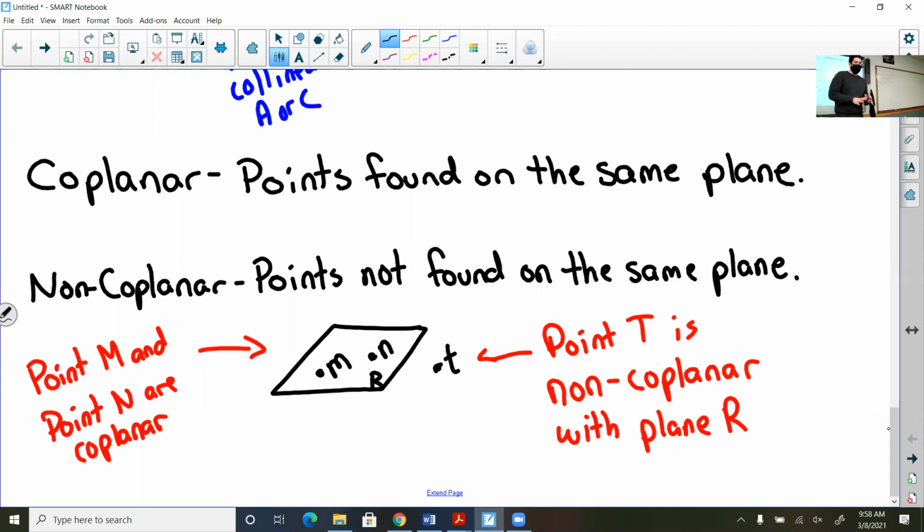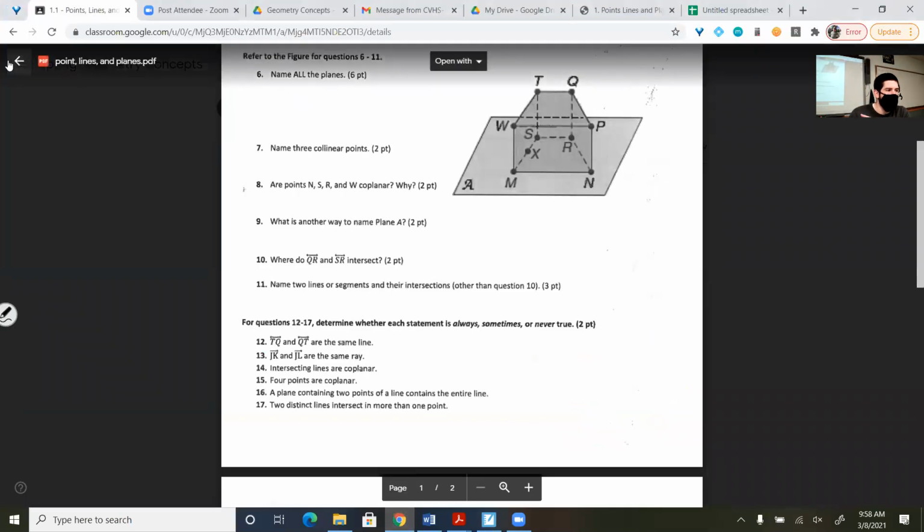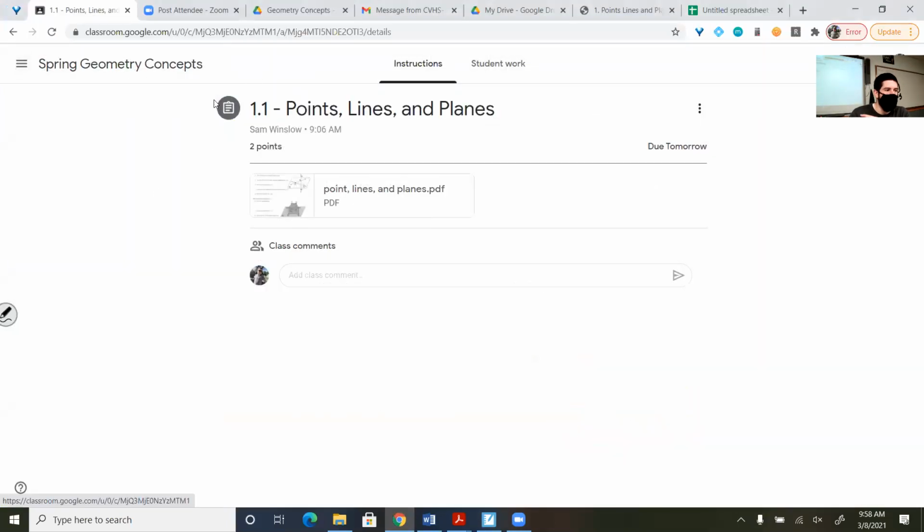All right, we do have a little bit more to go over, but I want to take a little break and just try a couple problems and see how we are able to do. So I'm just going to go to that worksheet that's found in the classroom. Again, for anyone that showed up late, that's not sure where it's found, it's under the 1-1 assignment, under points, lines, and planes.